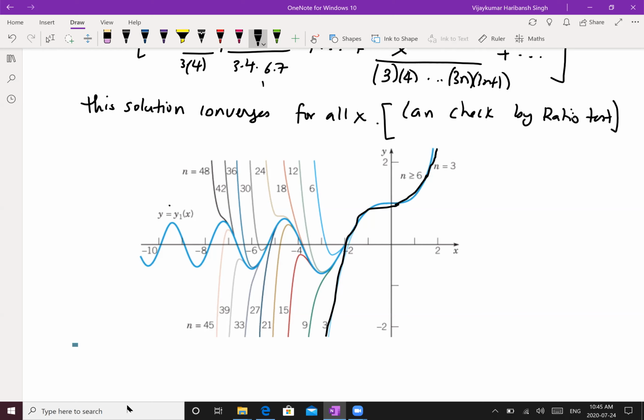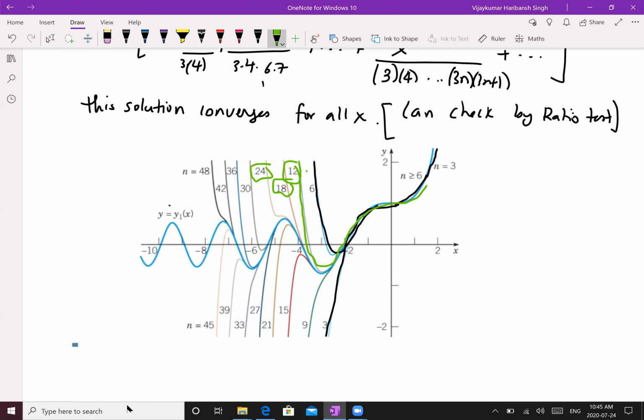When n is 6, this is how the solution looks. When n is 12, this is how your solution is, and so on. These are the numbers and the corresponding solutions are drawn.